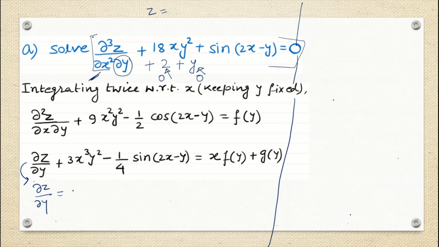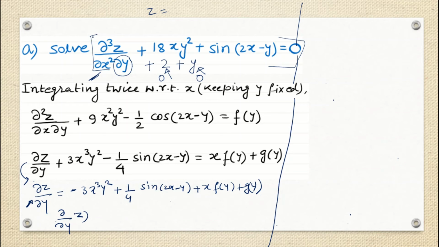So I'm writing again the same thing, minus 3 x cube y square plus 1 by 4 sine 2x minus y plus x fy plus gy. Okay, and then I have to perform the integration with respect to y. So what does it mean? I can write this left hand side in this fashion. This is del by del y of z. Del by del y of z is the right hand side.